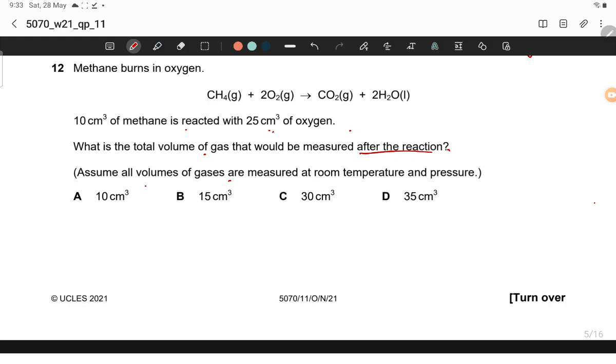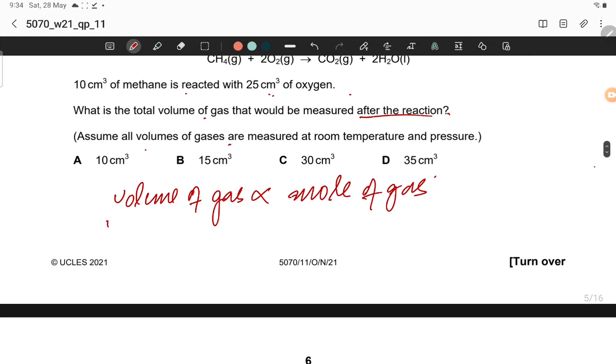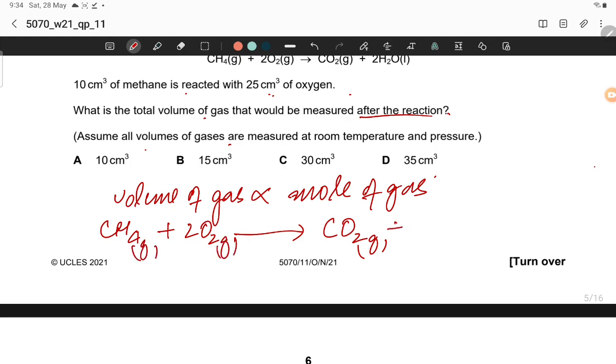At room temperature and pressure, the volume of a gas is directly proportional to the moles of gas. So we know that CH4 plus 2O2 forms CO2 gas plus water.